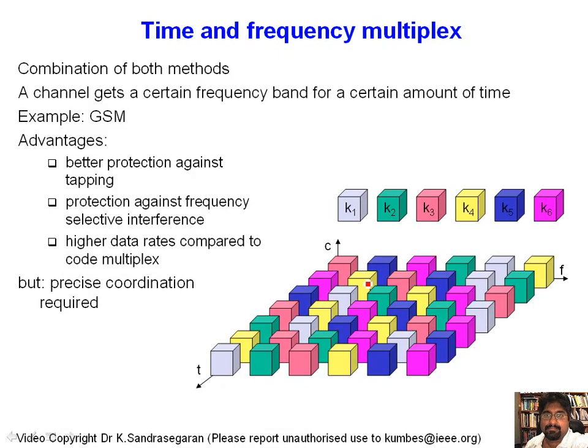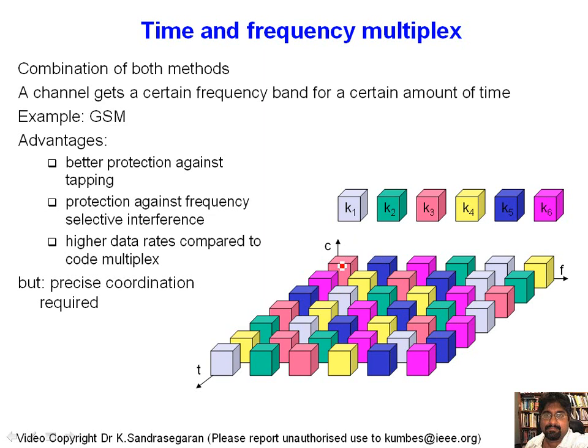Okay, now it's also possible to combine time and frequency division multiplexing, as in the case of GSM. We're going to have a full lecture on GSM later on, but I want to demonstrate here how in GSM a combination of time and frequency division multiplexing is used.